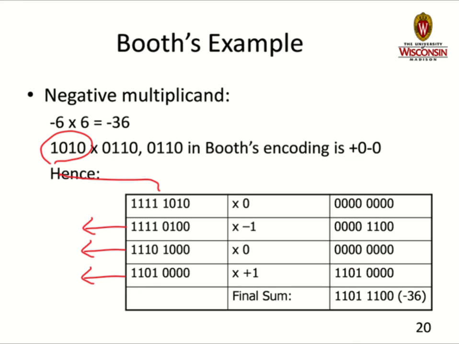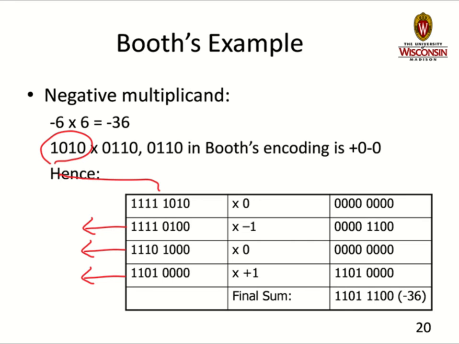First, we're multiplying by 0, so our product is all 0. Then we shift the multiplicand by 1 to the left. And now we're subtracting. So in fact, the subtraction is going to give us the value circled on the right here. That's just the 2's complement of the value on the left. And then we will follow through on the next couple of steps.